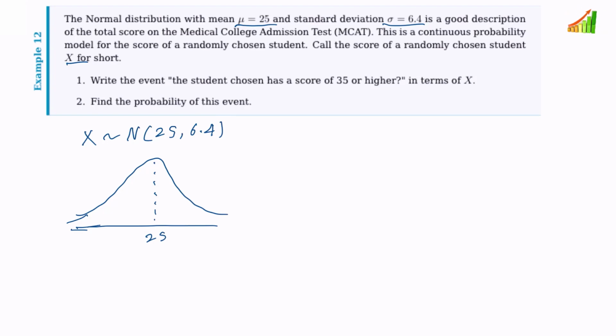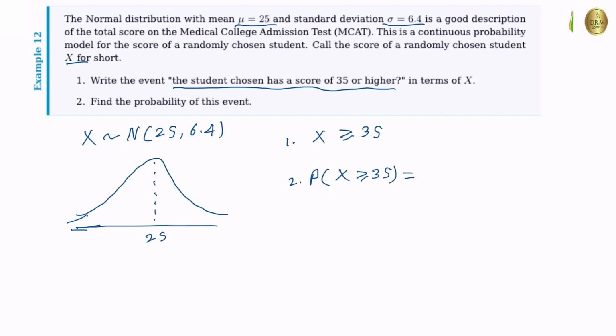The first one is asking, write the event that the student chosen has a score of 35 or higher in terms of x. So x greater than or equal to 35. That is the event. Then it asks to find the probability of this event. How do we find the probability? Probability x greater than or equal to 35. Now we go back to chapter 3.